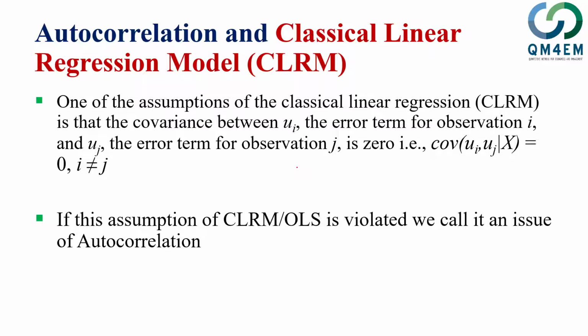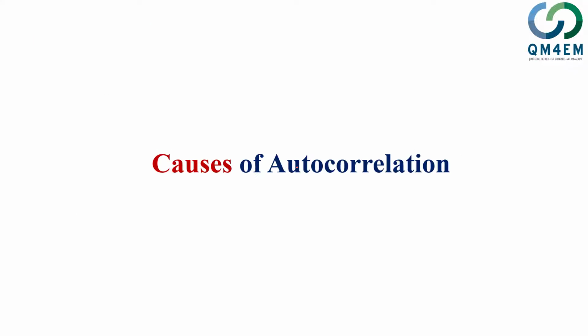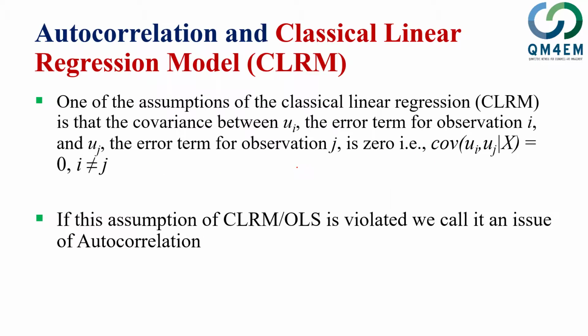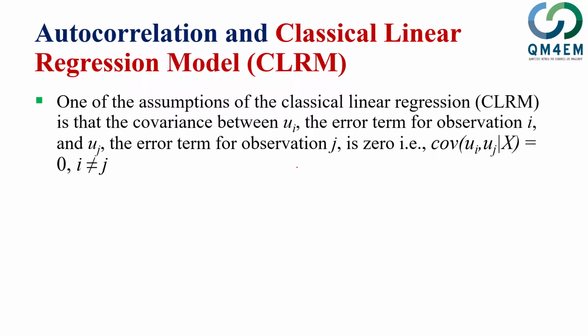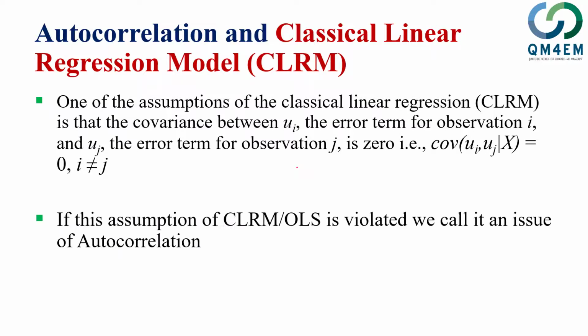So let me first tell you why autocorrelation is an issue, and what causes autocorrelation. When this important assumption of zero autocorrelation gets violated, we call it a case of autocorrelation, and we need to check for this problem in our data.